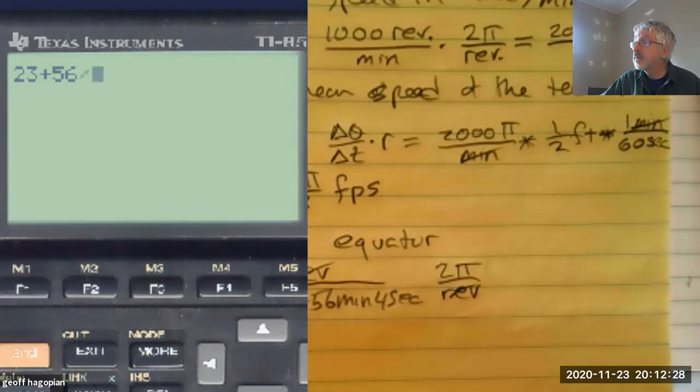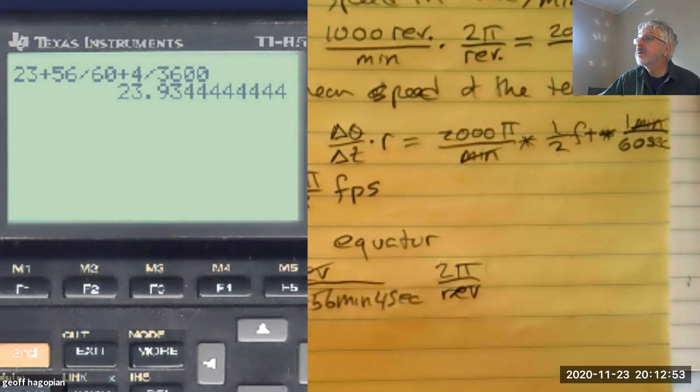That's 56 divided by 60, that part of an hour, plus 4 divided by 3,600. So 23.93, okay. And then we want the reciprocal of that, right? And then times 2 pi.